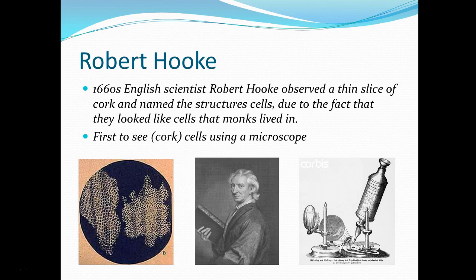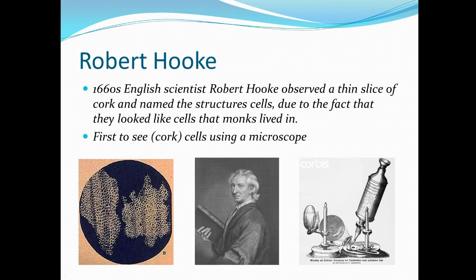He was an English scientist who lived in the 1600s, and he was the first person to see cells at all. So he's credited with being the first person to see cells. This is an actual drawing that he made of what he saw through this rudimentary microscope, and he was looking at cork cells.